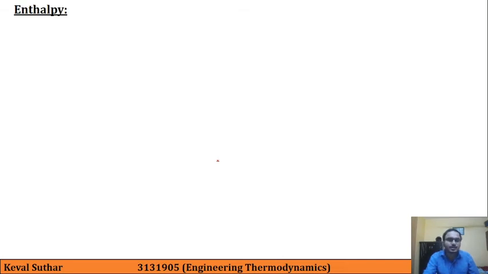So our next theory is enthalpy. Enthalpy of a substance H is defined as H is equal to U plus PV. So it is the summation of internal energy plus pressure times volume.